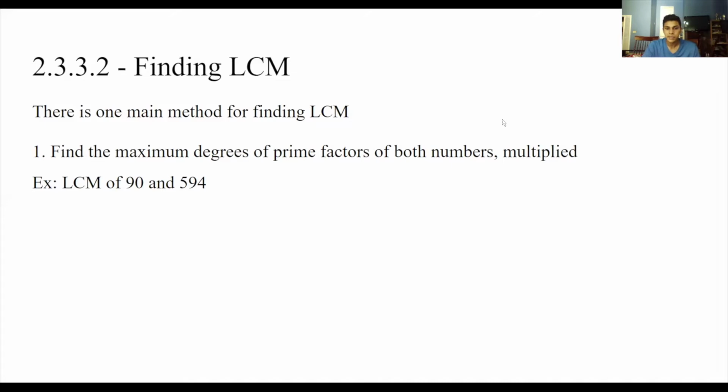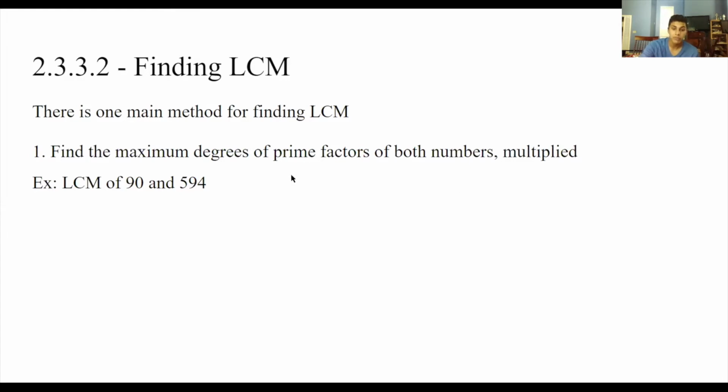Now the first step is to find the prime factorization of both numbers. The reason why is because we need to find the maximum degrees of the prime factors of both numbers, and the only way that we can get all of the prime factors of both of these numbers is by first finding the prime factorization. I'm not going to spend time using the tree diagram to find the prime factorization of both numbers.